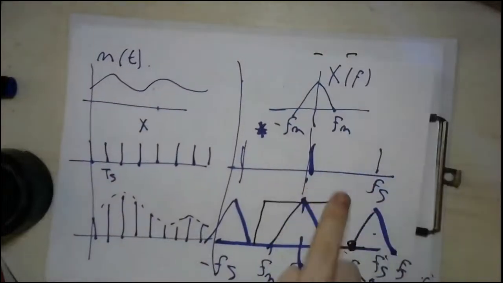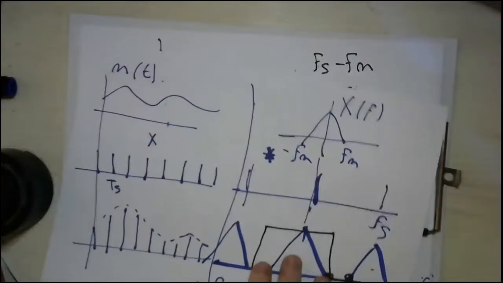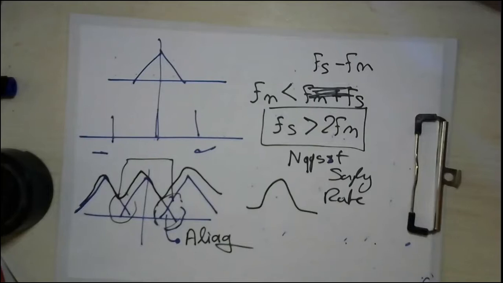This is the maximum frequency, this is the sampling rate. This is a very important condition in order to avoid aliasing and to be able to restore your signal at the demodulator or the receiver side.